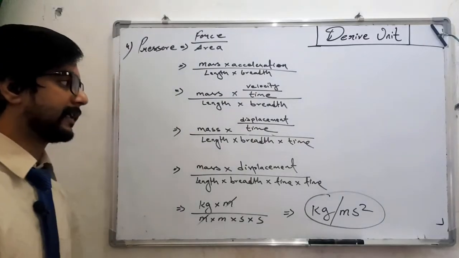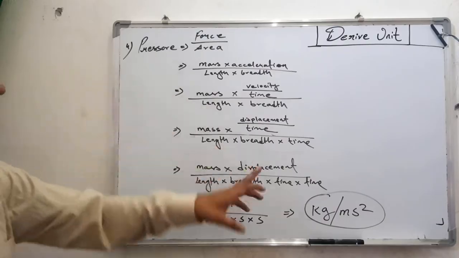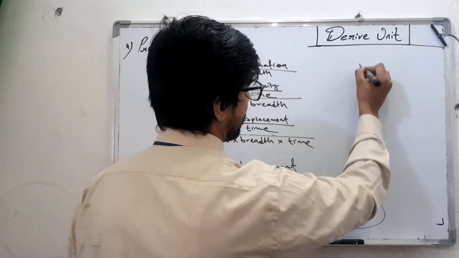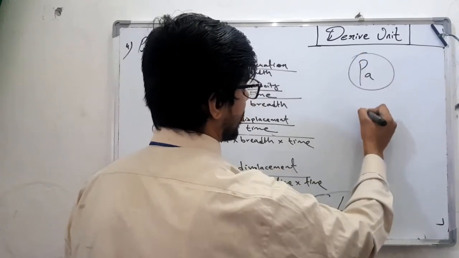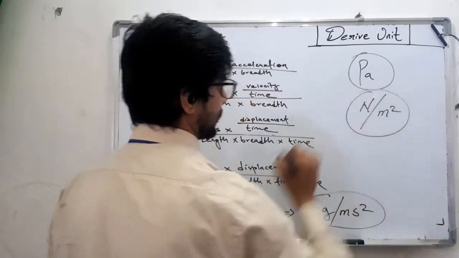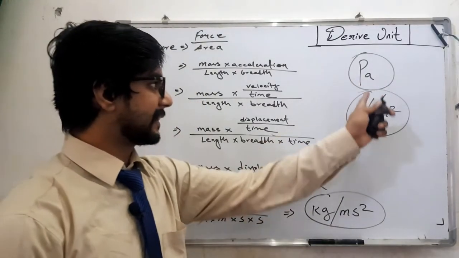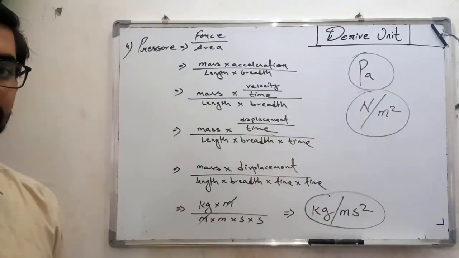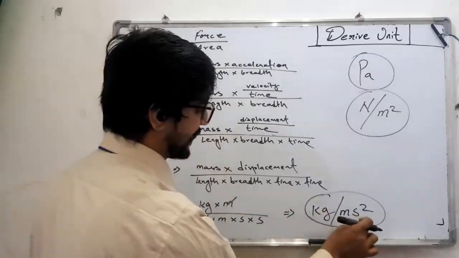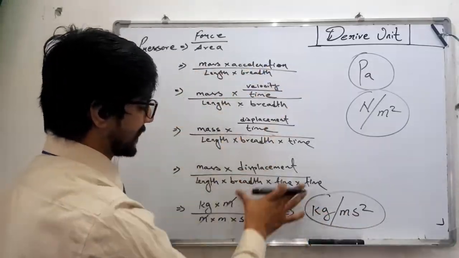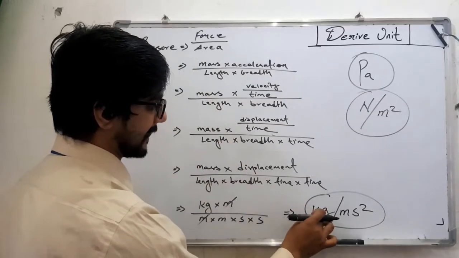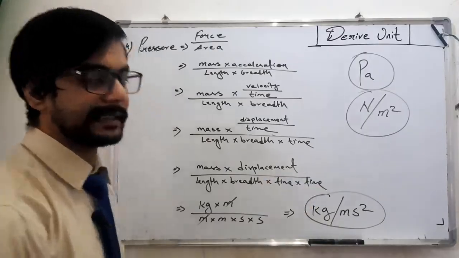So this is our unit of pressure. Simply you can write the unit of pressure is Pascal, as well as Newton per meter square, but they are not in terms of the fundamental unit. So if you need to derive the unit of pressure in terms of the fundamental unit, you can follow this process, and finally you will get the units involved in pressure, that is kg, meter and second.